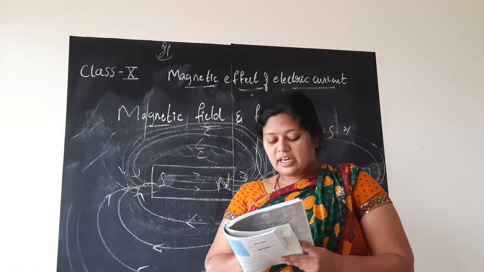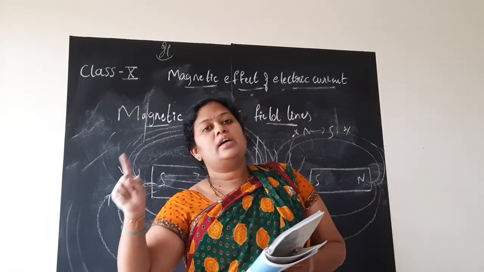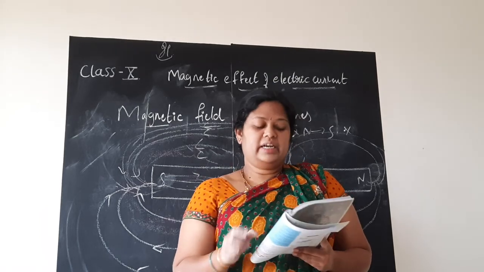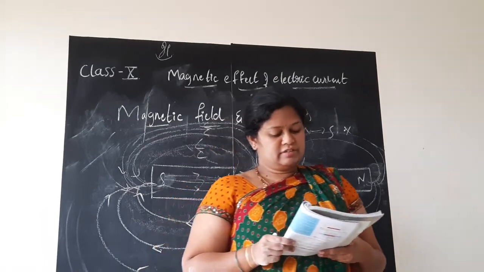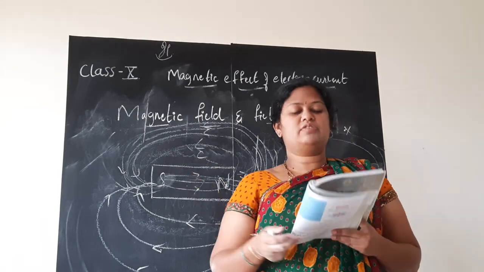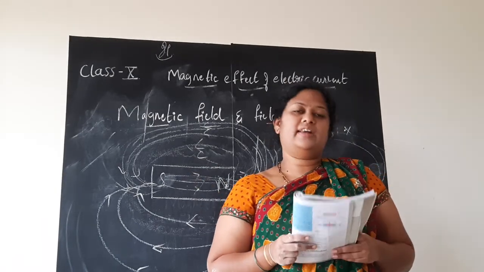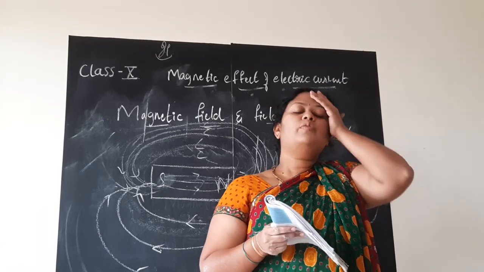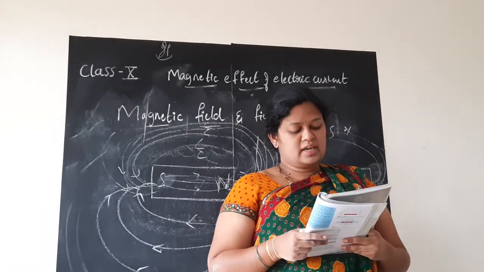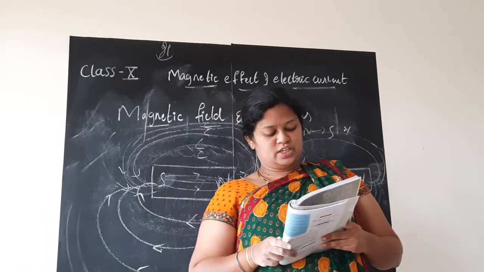I'll repeat it: the region surrounding a bar magnet in which the force of the magnet can be detected is said to have a magnetic field. The field lines along which the iron filings align themselves represent the magnetic field lines. So you have the definition of both magnetic field as well as magnetic field lines, children. Please mark it, read it and learn it as well.